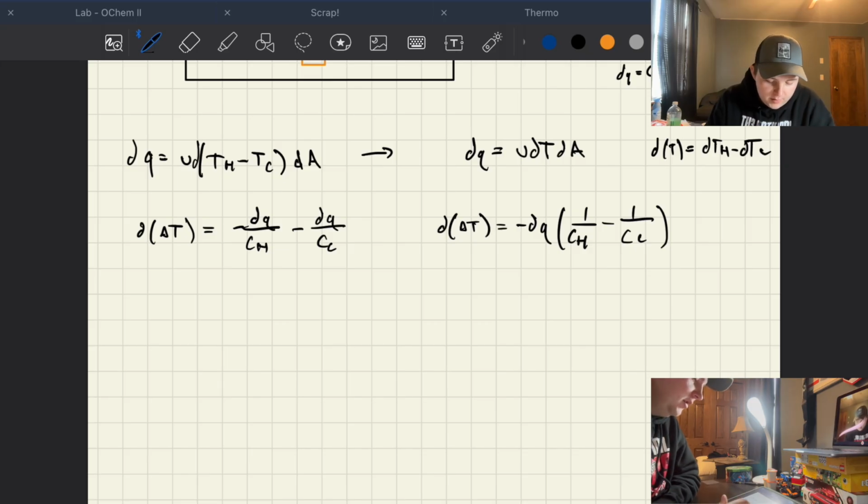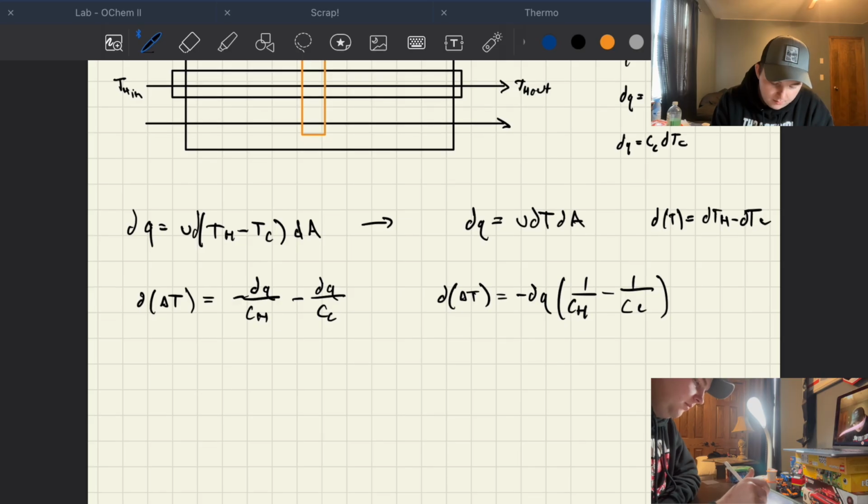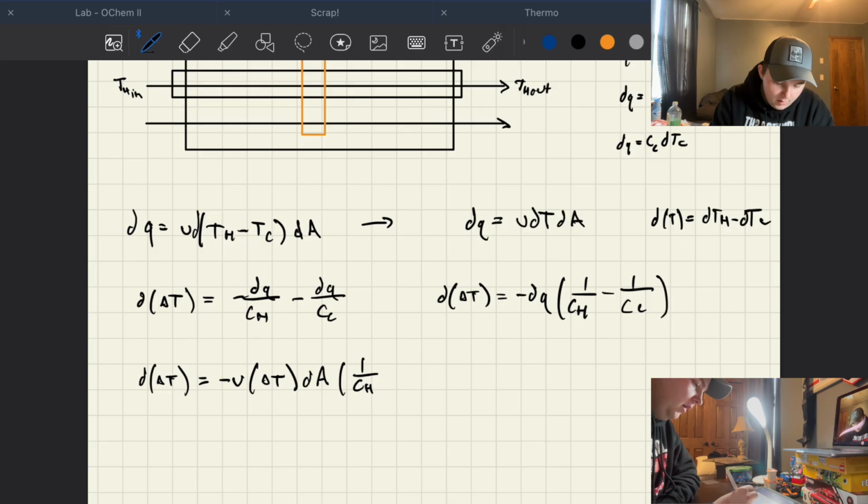So what we're going to do now is rewrite this again and sub these formulas in. We're going to get d delta T equal to negative U times delta T dA times 1 over CH minus 1 over CC.